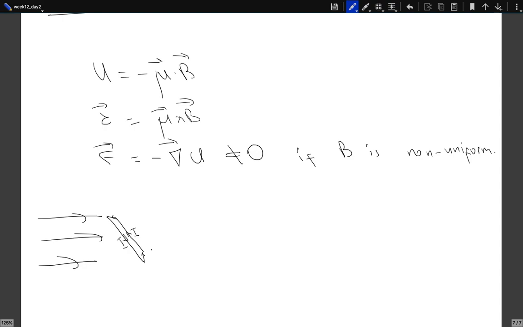What will be the direction of the force acting on this line? The current is coming towards you. It will be upward. And this will be pointing downward.